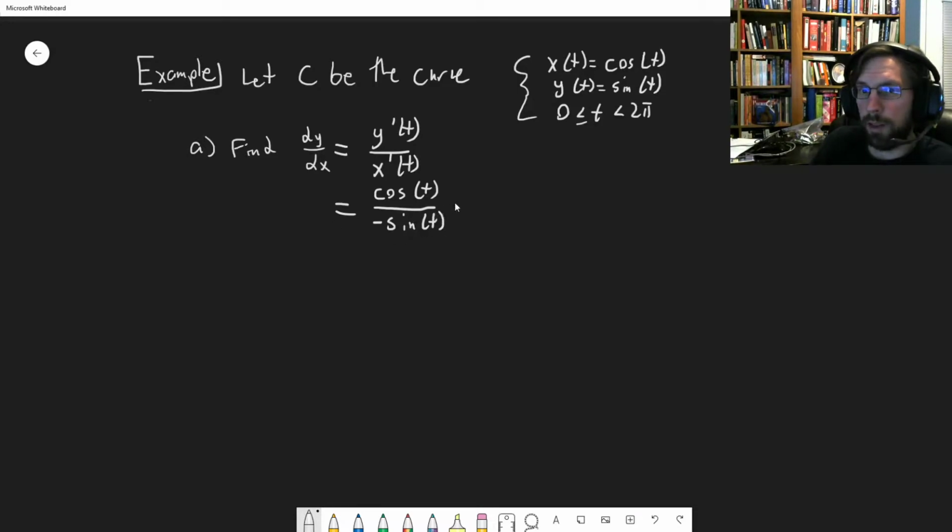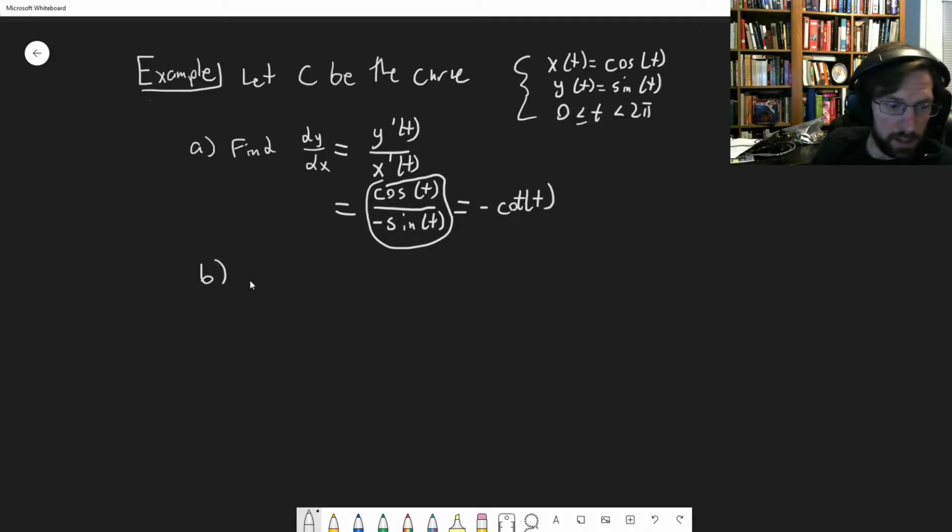Okay, you could write this as negative cotangent t, but this is typically the way you want to write it. Typically the reason why you want to write it like this is for the next part of the problem.